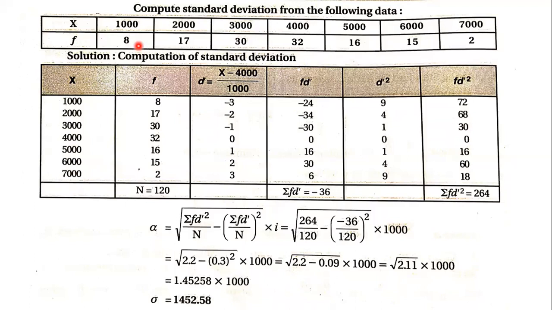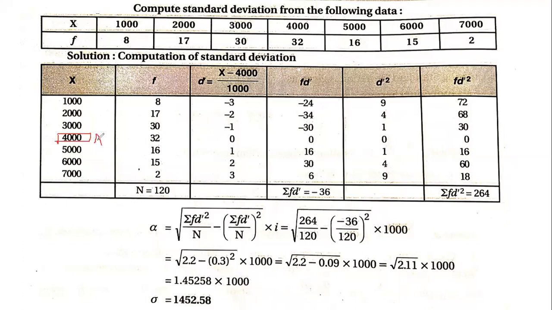After this we have to assign a number as assumed mean. This is a discrete series, so out of the X values we have to take one number as assumed mean. We have taken 4000 as assumed mean because it is the central value here.